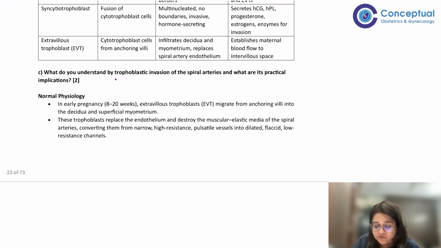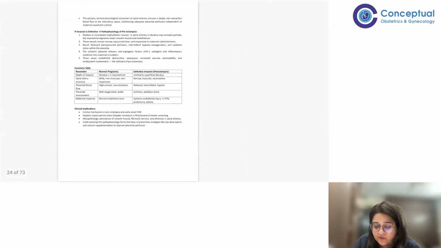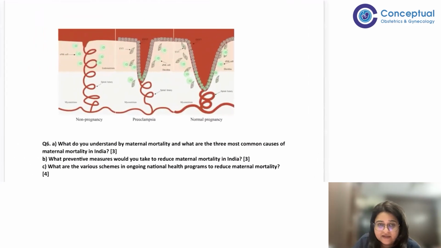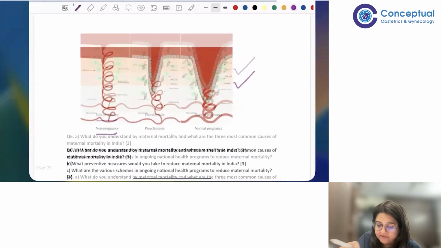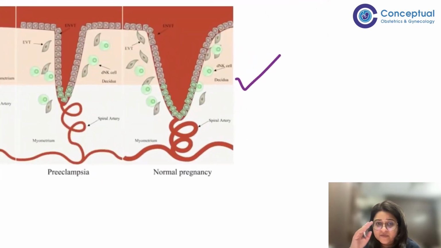What do you understand by trophoblastic invasion of the spiral arteries? Here you have to show this diagram. This is the abnormal pregnancy, the tortuous spiral arteriole, which has less blood supply. And this is a normal pregnancy, where the spiral arteriole has been invaded by the extravillous trophoblastic cells, and it has made the arteriole dilated, allowing more blood flow.